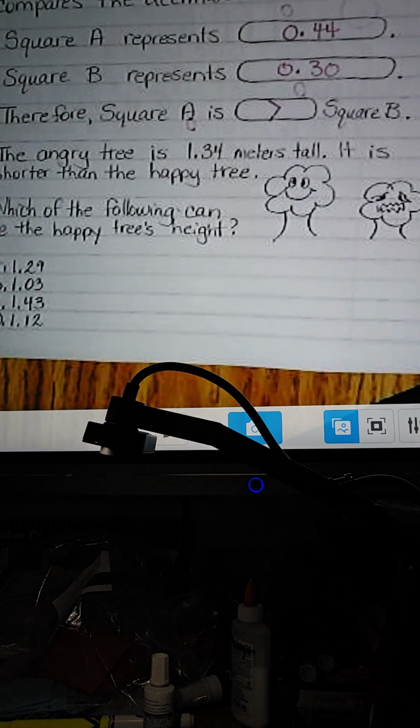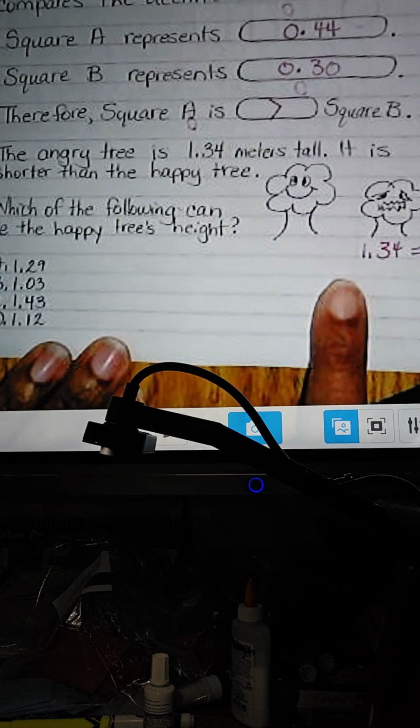Okay, so if this is 1 and 34 hundredths or 1 and 34 over 100, what would be greater than 1 and 34 hundredths? That's what it's asking. What is greater than 1 and 34 hundredths?